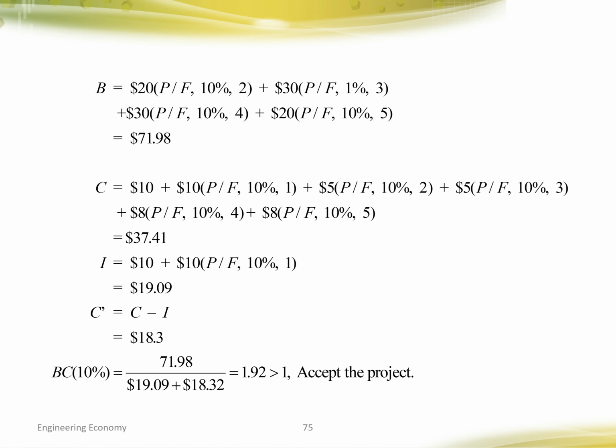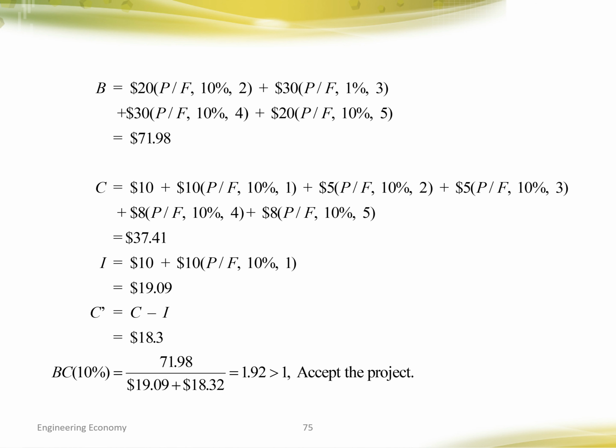So we can compute the benefit cost ratio at a 10% interest rate, and take the sum of the benefit divided by the sum of these two, or the sum of the cost directly, and we get the ratio equal to 1.92, which is greater than 1.